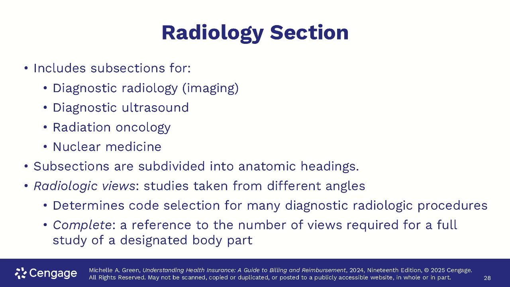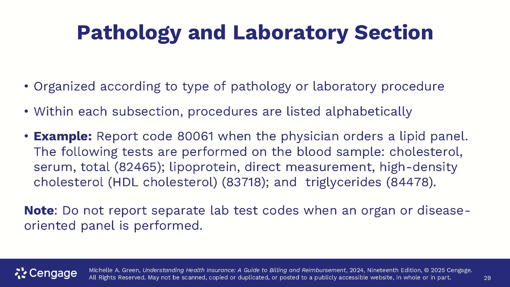So they inject, let's say, some dye into a vessel, but in order to see that vessel, they need some type of radiological component, and they put the dye in so that they can see it under radiologic guidance. And so you may need a code from the surgery section for the injection, and a code from the radiology section to show the looking at it.